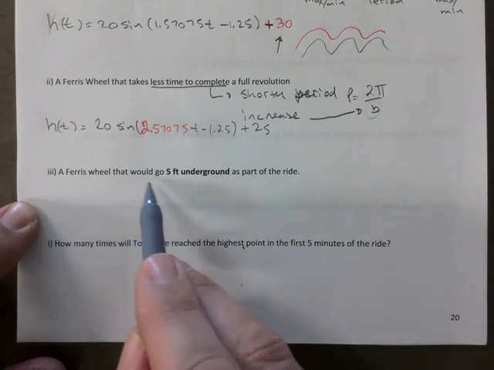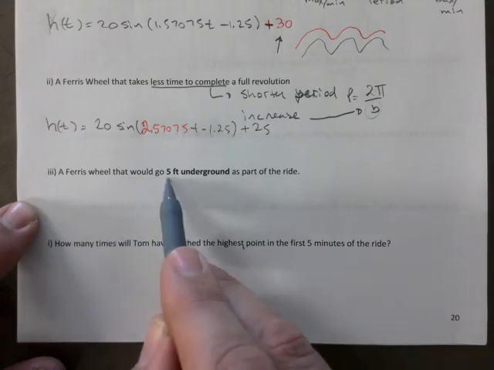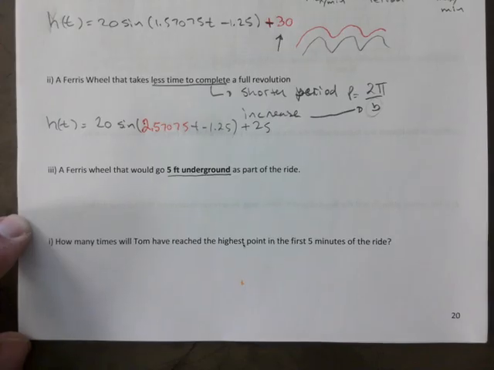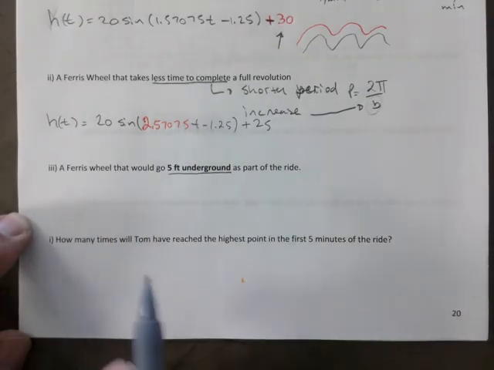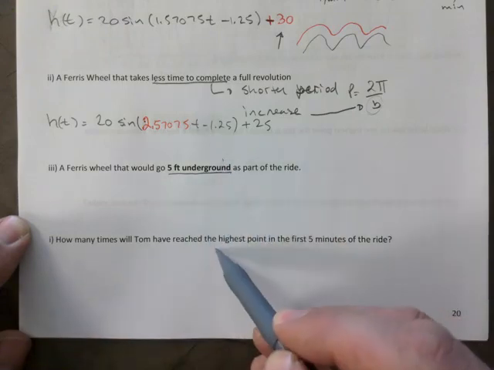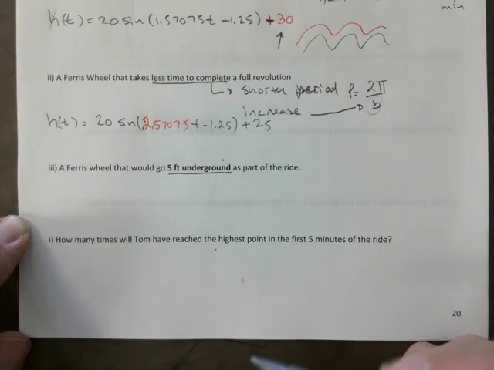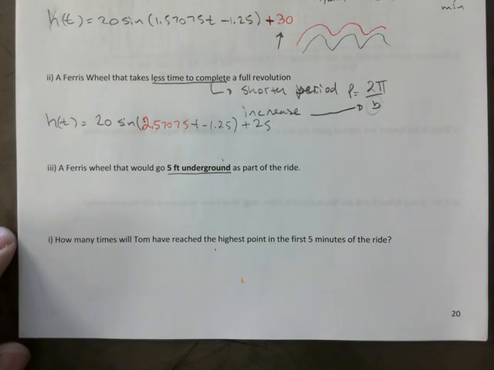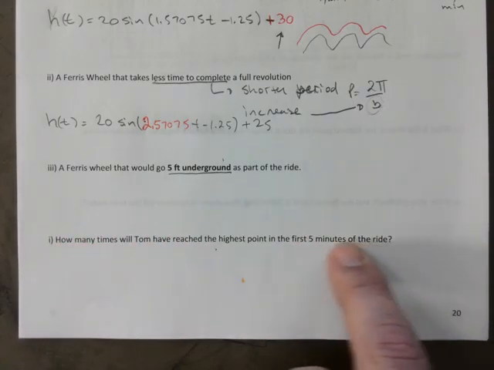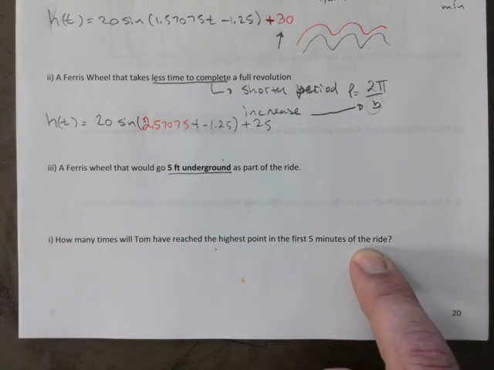A Ferris wheel that would go 5 feet underground. I'm going to let you do this one. I'll let you figure it out. And then I also want you to try this last one. So these two, based on the question, and this one goes way to the beginning, okay? This one goes way to the original, use the original equation for this one.